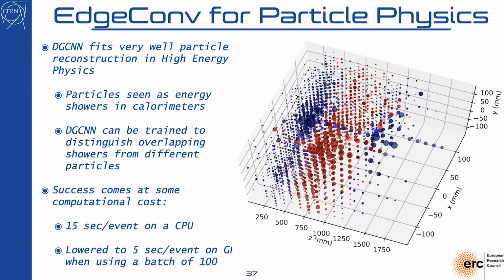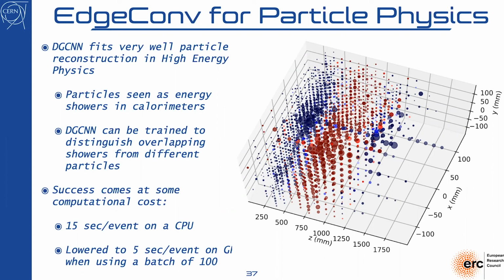But when you ignore the tungsten, because you cannot see it there, you're going to have this sensor that records some energy. So a way to represent it is this, where each bubble is bigger or smaller depending on the energy that was allocated there. And here you have two particles that end up showering in the same place of the detector, and you want to separate them.